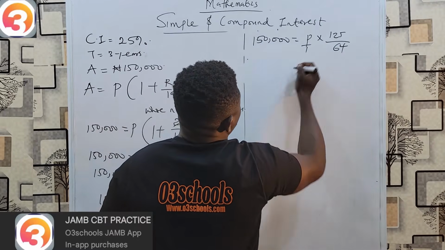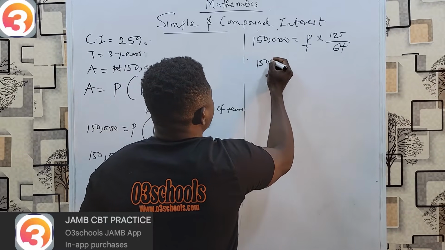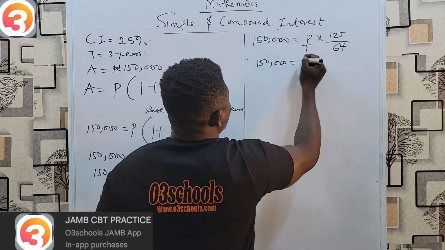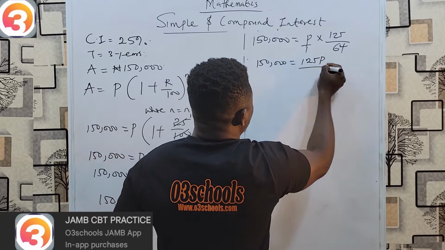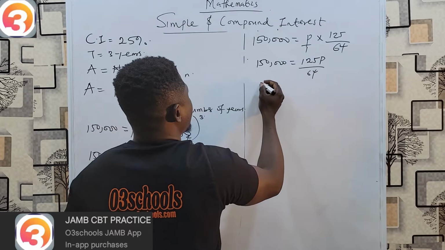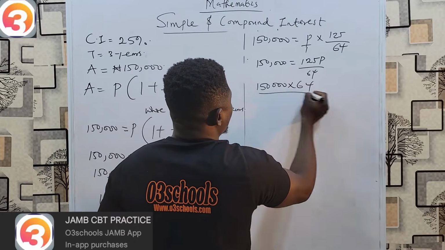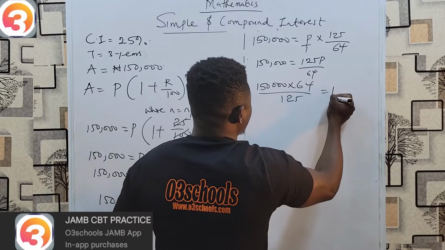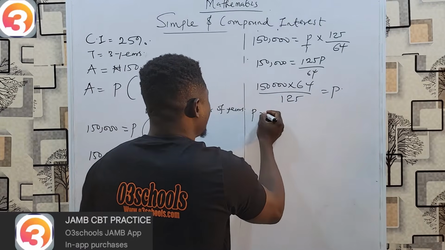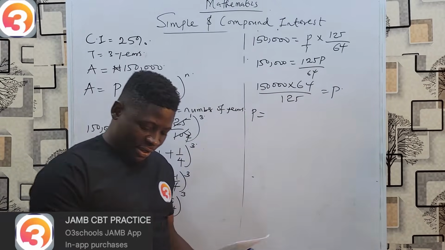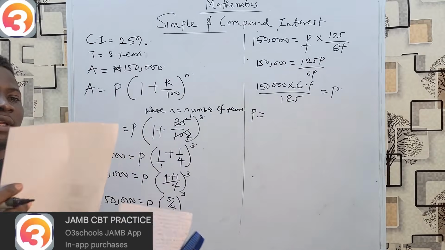Then 150,000 is equal to 125P over 64. If we cross multiply, we're going to have 150,000 times 64 over 125 is equal to P. If you do your calculation very well, our P there will be very easy.